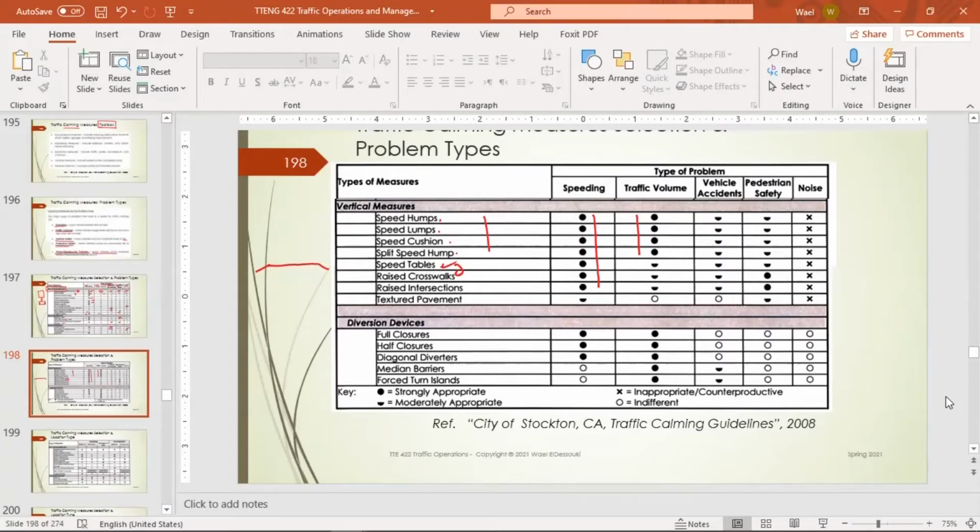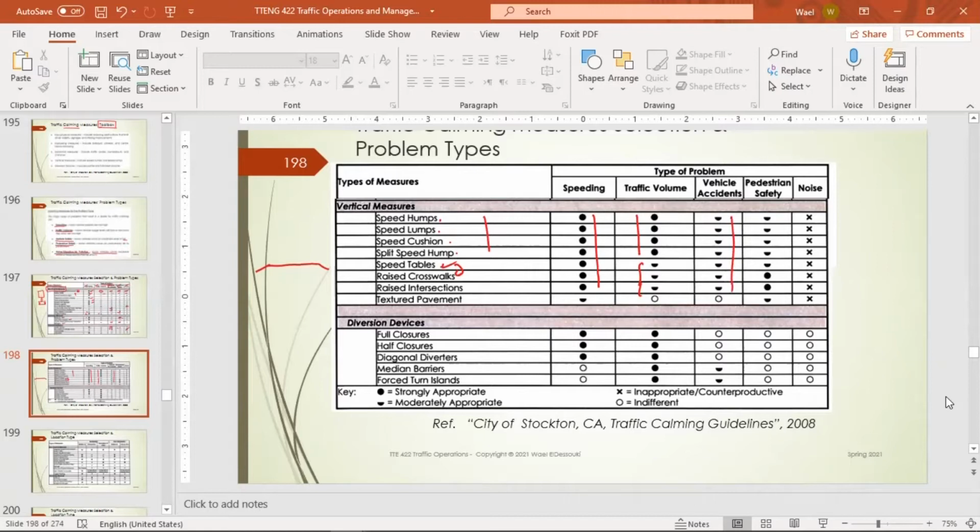For the speed table, raised crosswalks and raised intersections, they have some partial influence on the traffic volume, but not that much. For vehicle accidents, all these measures have some partial value.